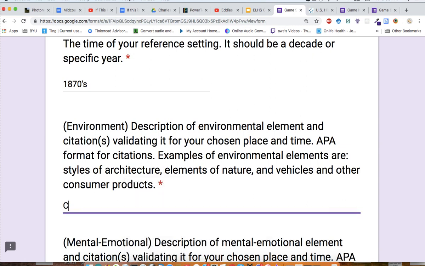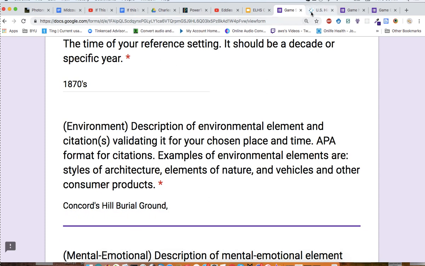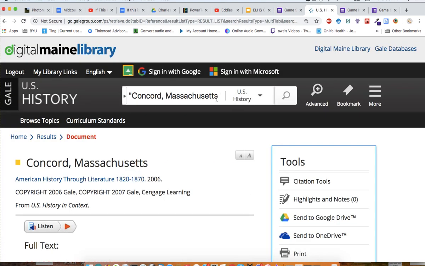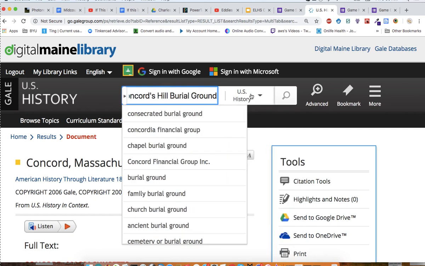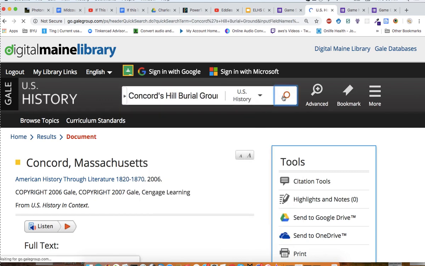in this case, Concord's Hill burial ground. And what if I just copied that and did a search only on that, see if I had anything else that I could identify in this database. So if I just put Concord's Hill burial ground, let's see what that brings up.